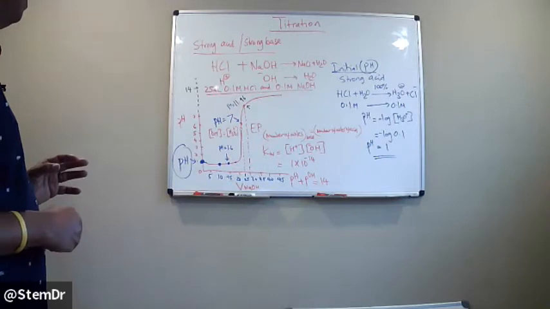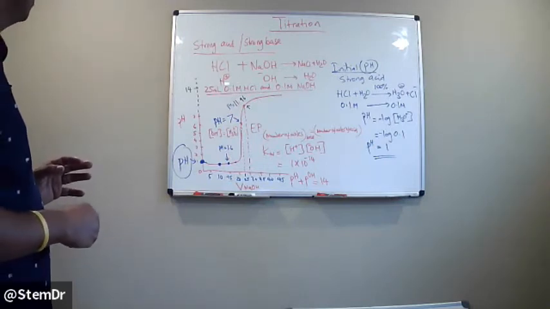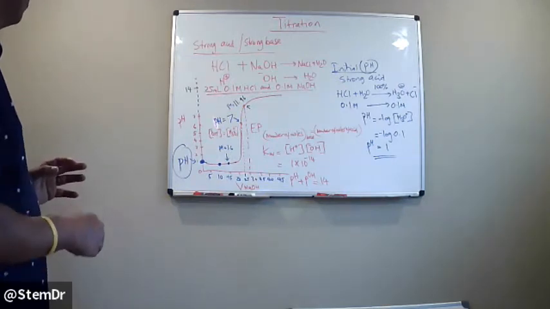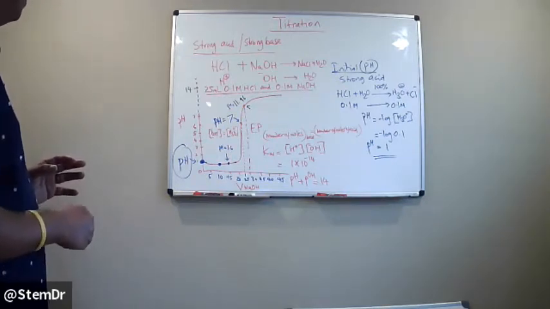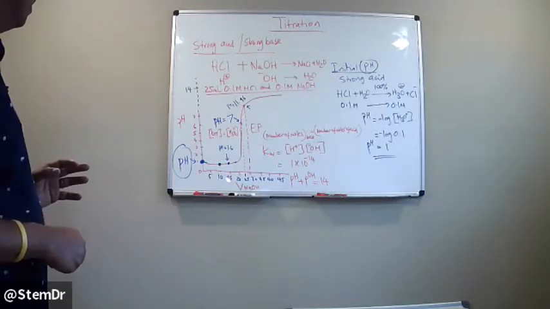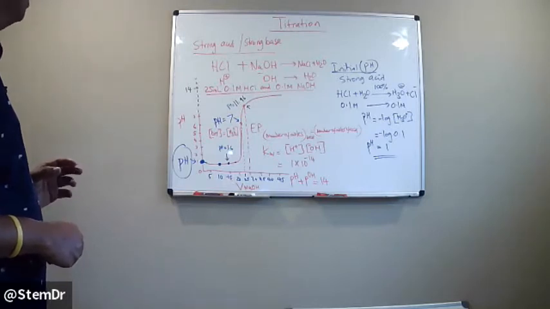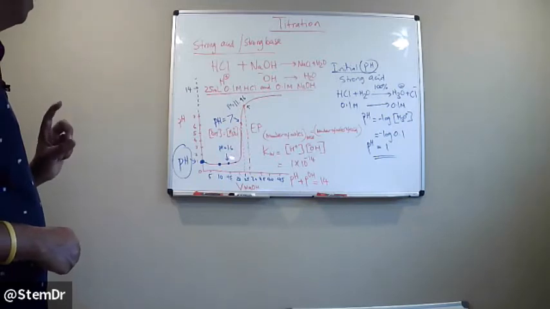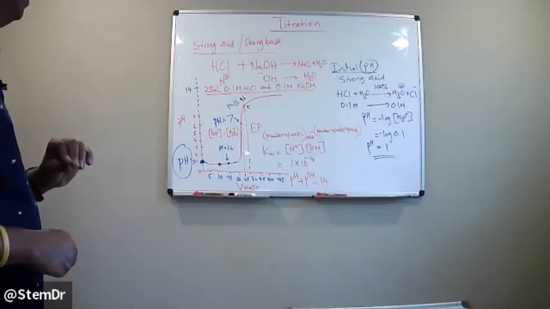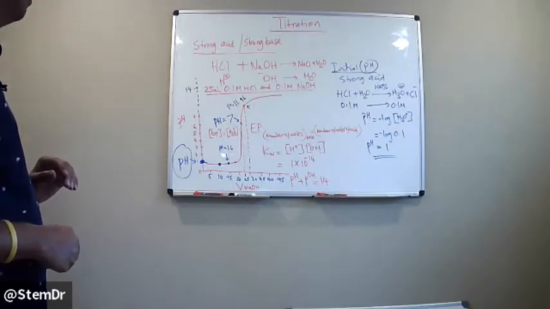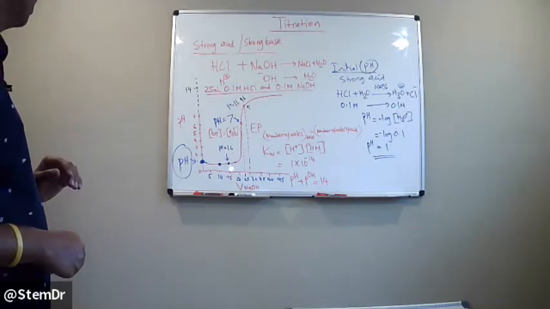I have 1 millimole left, but the volume is 25 plus 15, which is 40 ml. So 1 millimole over 40 ml gives you the concentration of the hydronium ion. The pH would be minus log of that concentration. So you would get pH equals 1.6.